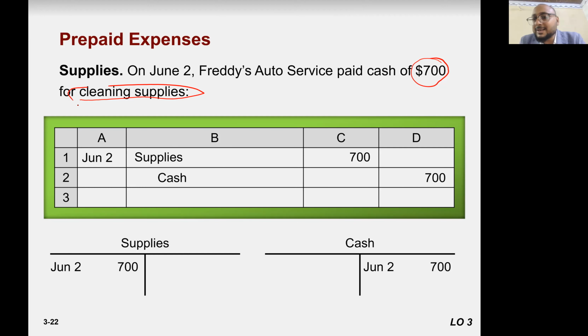So they purchased cleaning supplies, some spray or soaps or detergent or acids, floor cleaning supplies. $700. So the entry occurred and was recorded on the 2nd of June. You post it here.